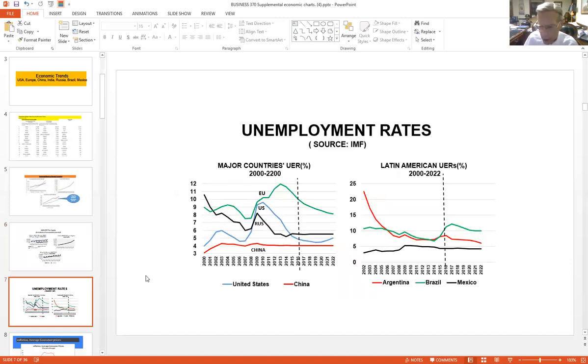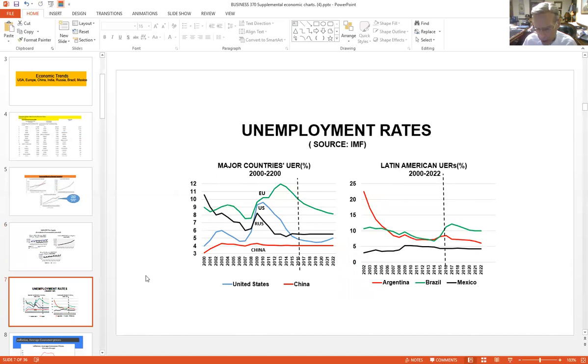Here then are some unemployment trends, and you can see that there's one standout unemployment trend on this chart, and that's the European Union, the green line at the top.